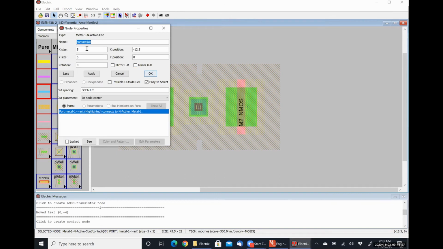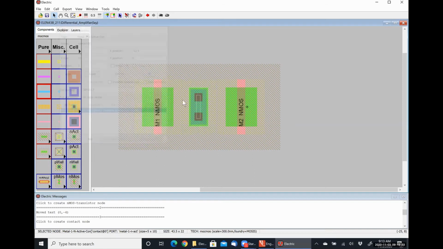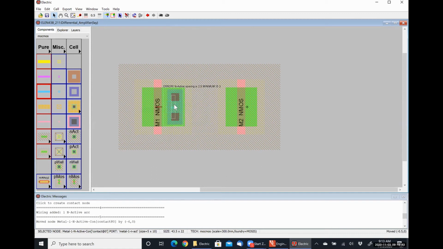So I'm going to make a contact here, which needs to be 5 in the X direction, 10 in the Y direction, and tie the active regions together. Can I get it closer? No, there's where I should have it.